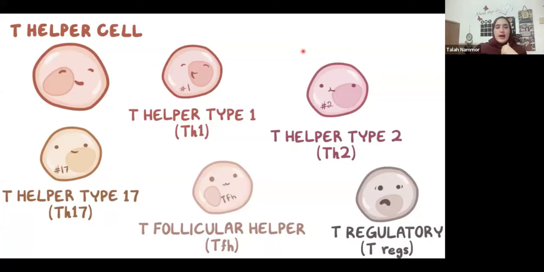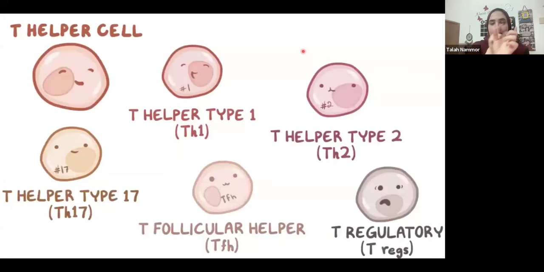Yes, okay. Now T helper type 1. Usually it's there in inflammation, okay? So because it's there in inflammation, what will it secrete? Interferon gamma. And interferon gamma, how do we remember it? When you write it, you write I, F, and gamma, right?